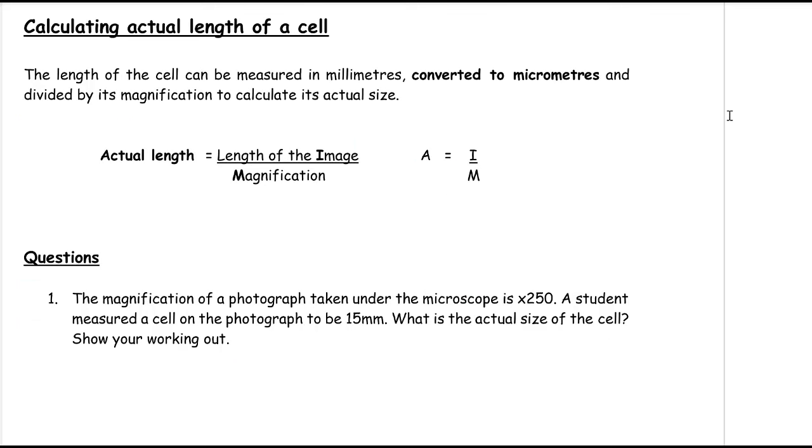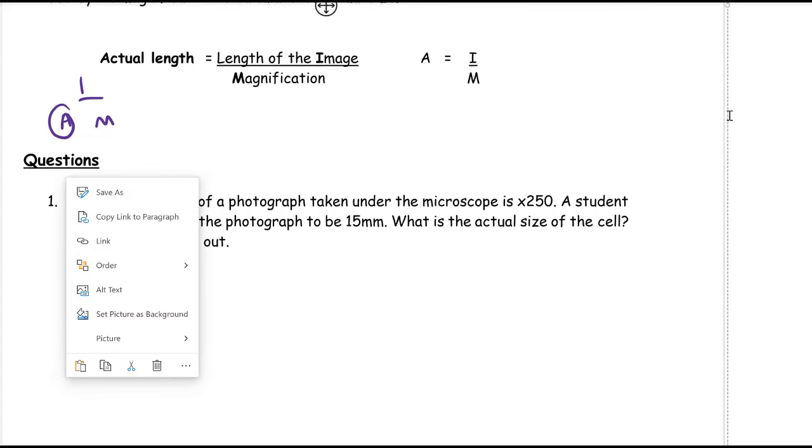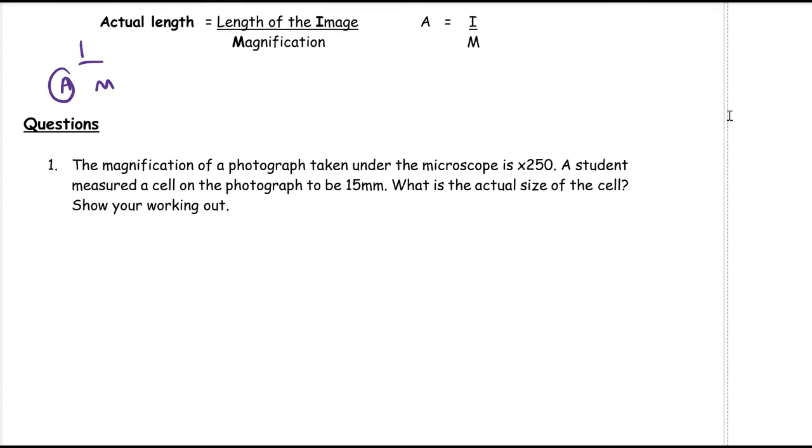Now of course you can rearrange that and calculate the actual length of a cell. So in this case we had I A M. If we want to calculate the actual length, we need to take the image length and divide it by magnification. So let's have a look at it.